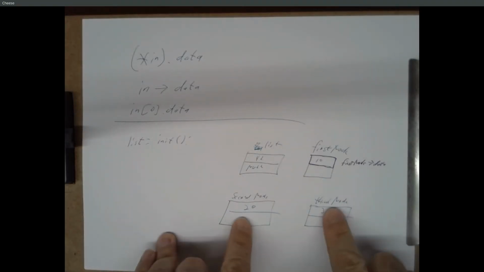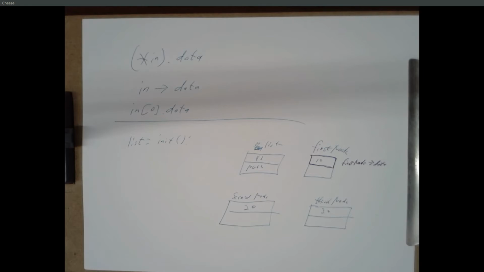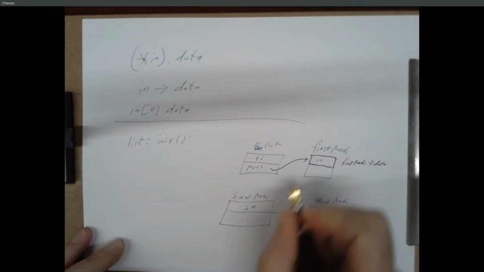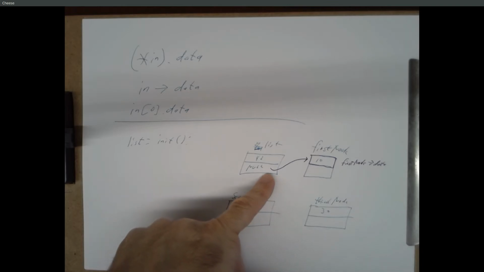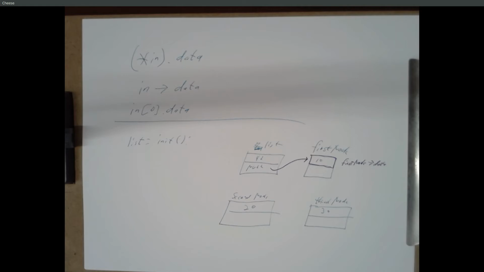So we've set up these data fields, but we just have 3 nodes sitting in memory. They're not connected in the list yet. So to connect them into a list, we want to have this point to first node. So how do we set up this arrow so that the sentinel node points to our first node?